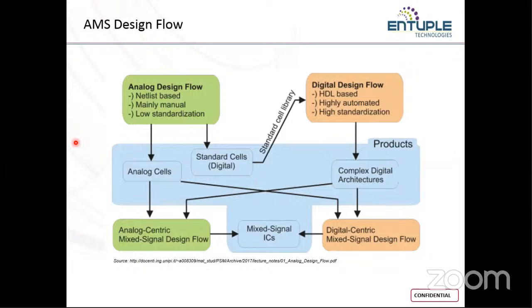When you go through an analog design flow, it is going to be netlist based and it is mainly manual. Whatever is based on analog is manual. You have to do everything manually. You have to capture the design, and you have to select each and every process. For example, if you are going for a layout, it cannot be automated.